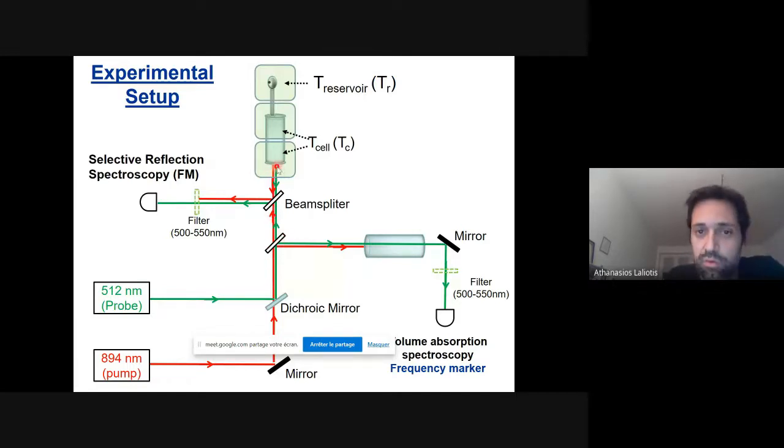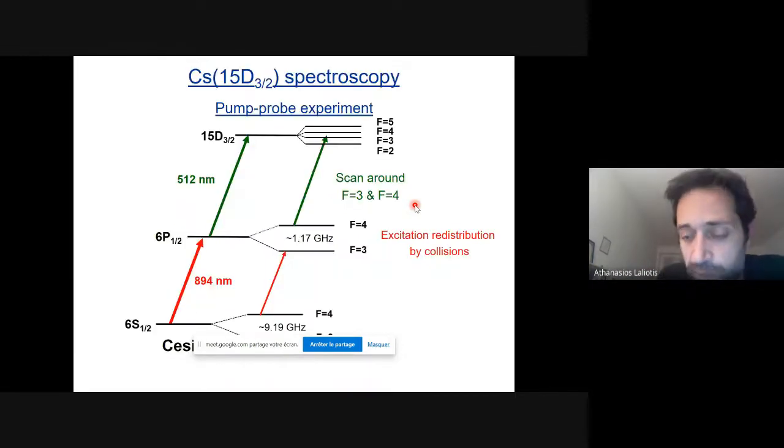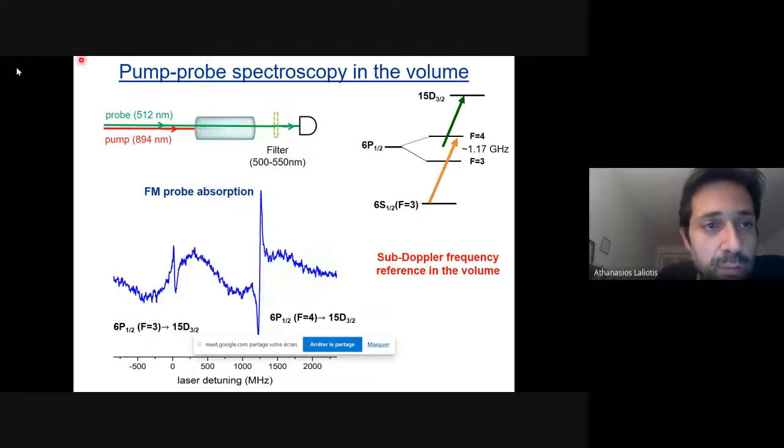You pass your beams, you take the reflection from the window-vapor interface, and you measure it using an FM technique to detect it. And then here you have an auxiliary experiment that gives you a frequency reference in the volume of the cell.